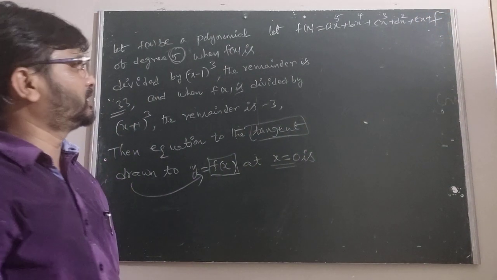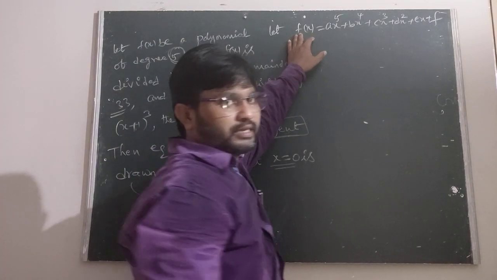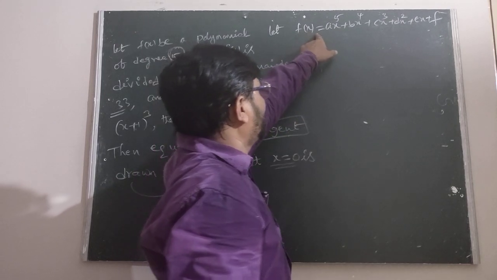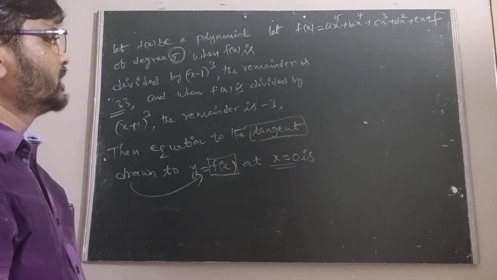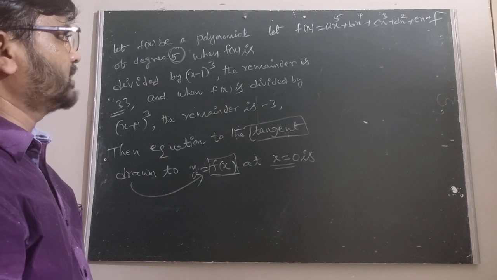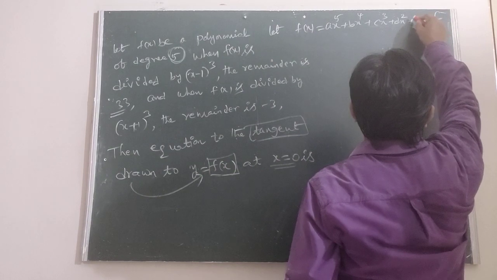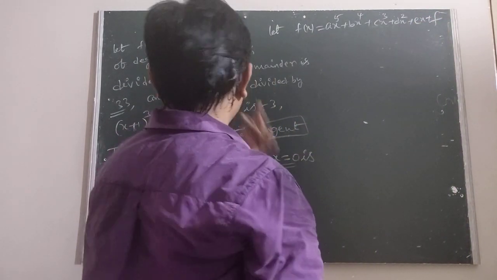So this is f of x: a x power 5, b x power 4, c x cube plus d x square plus e x plus f.